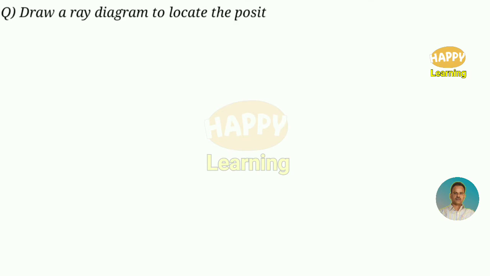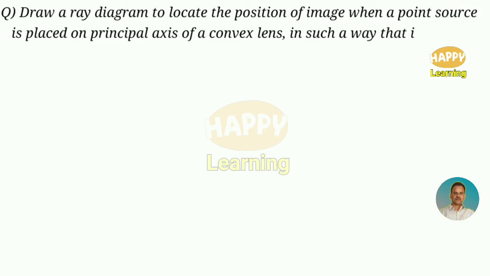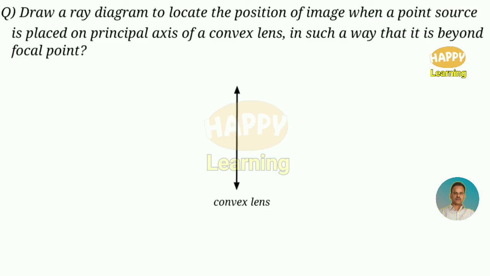Now let us discuss the example 4. It's very interesting. Draw a ray diagram to locate the position of image when a point source is placed on the principal axis of a convex lens in such a way that it is beyond the focal point. Let us solve this. Let it be a convex lens.